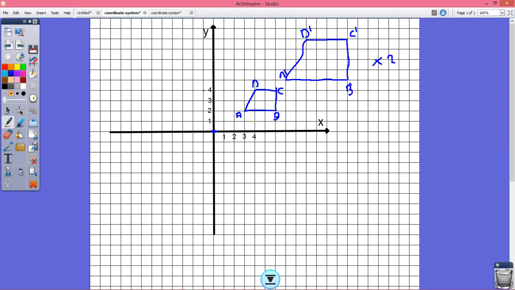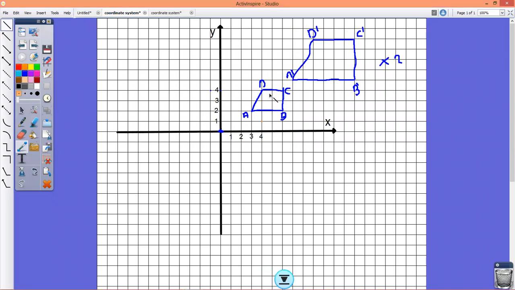Now as you see here, let's say I am going to draw from here to there. Now this is why it's coming, and the enlargement center is 0, 0. That's why A and A bar come on a line. And the others also come on a line with respect to the center.